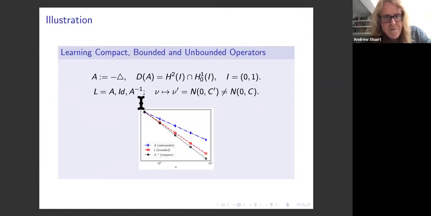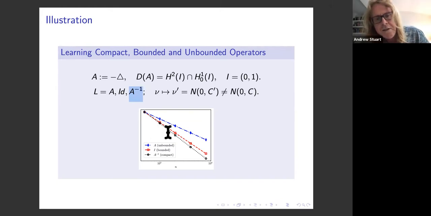So here's a very simple example to finish this section, which is comparing the rate of convergence with respect to n, the amount of data, the rate of convergence shown by the slope, when we learn three different operators, all found from the minus Laplacian: L being unbounded, the identity, and A inverse, which is compact.